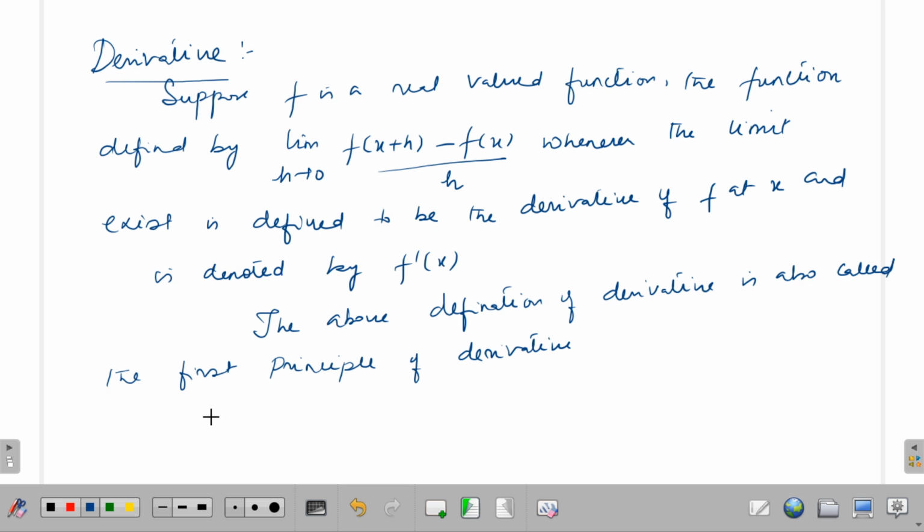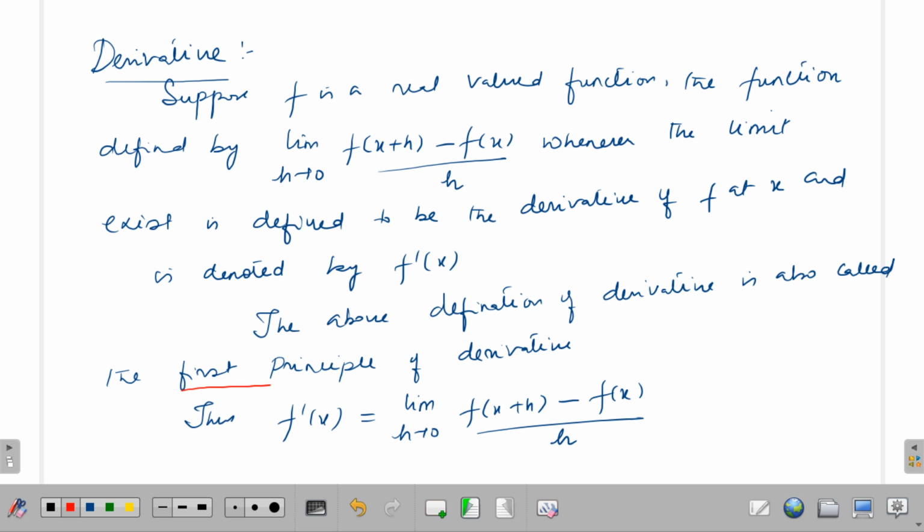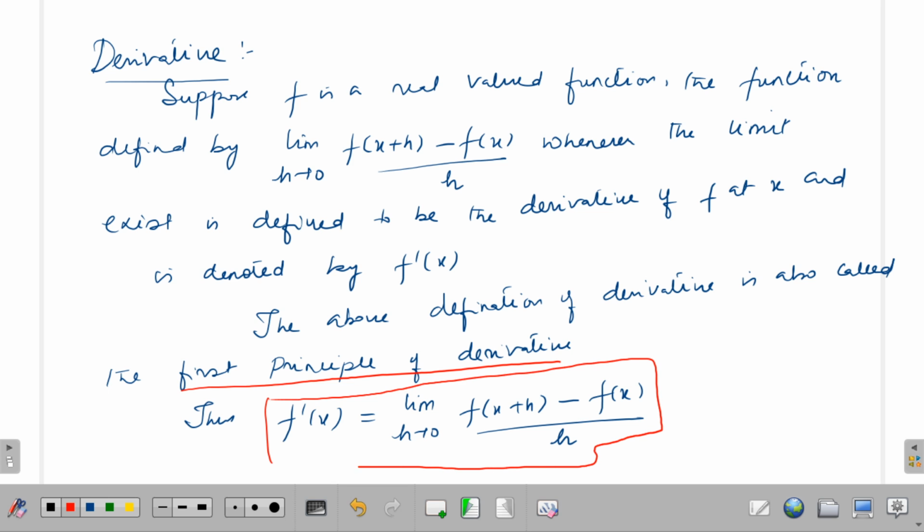That is, f dash x is nothing more than the limit of h tends to 0, f of x plus h minus f of x divided by h. So don't forget that the derivative is also known as the first principle, and the formula for the first principle is this one: f dash x is equal to limit of h tends to 0, f of x plus h minus f of x divided by h. So that's all about derivative.